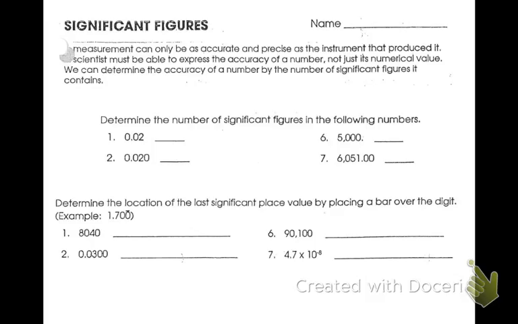So now, I know we have a couple more notes that we could possibly take, but we're going to push that to another video. What I want you to do now is flip to these particular worksheets. They're back to back, I believe. On the top part, take a look at these numbers and tell me the number of significant figures in the following numbers.